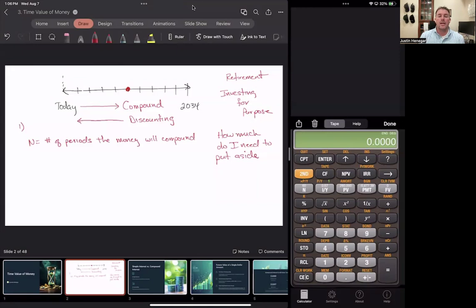Let me give you an example. If we look at something on an annual basis, our N will equal 1. If we compound on a semi-annual basis, we will have 2 times the number of years that we will compound.